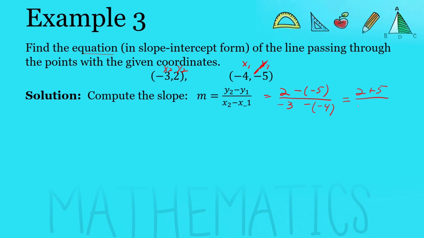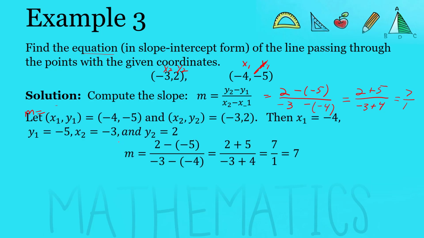Negative 3 minus negative 4 is negative 3 plus 4. And that will give us in the numerator 7 and in the denominator 1. So it turns out in this case m is equal to 7.